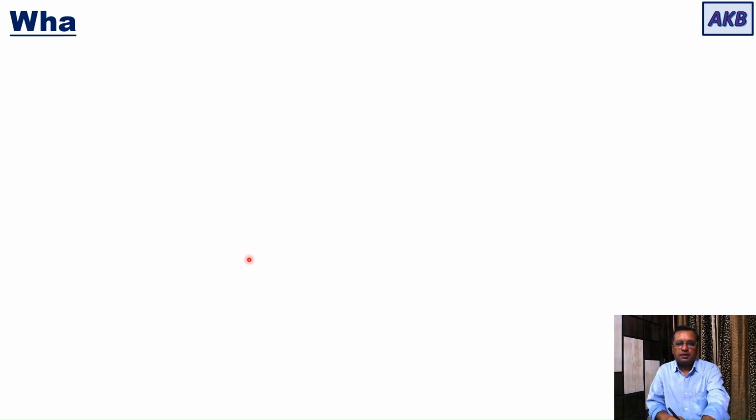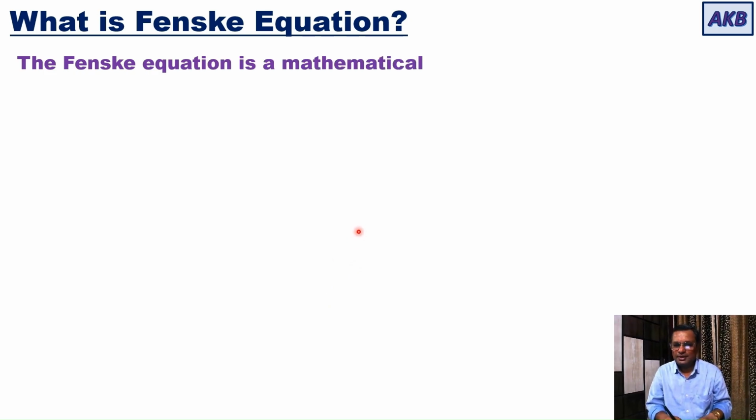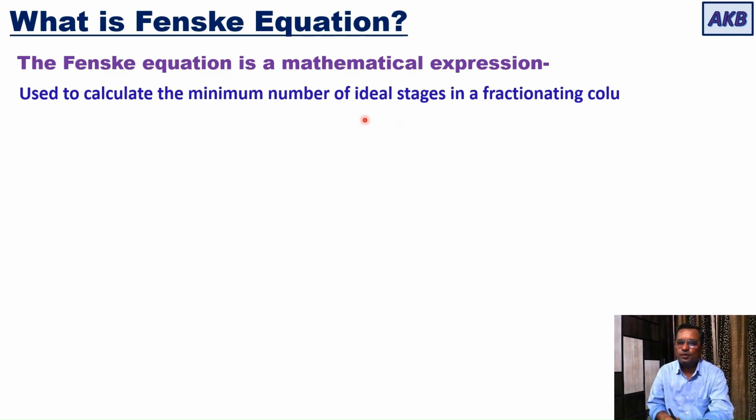Now, what is Fenske's equation? Let us know about Fenske's equation. Fenske's equation is a mathematical expression that is used to calculate the minimum number of ideal stages. Again, this equation is going to give you the number of ideal stages.